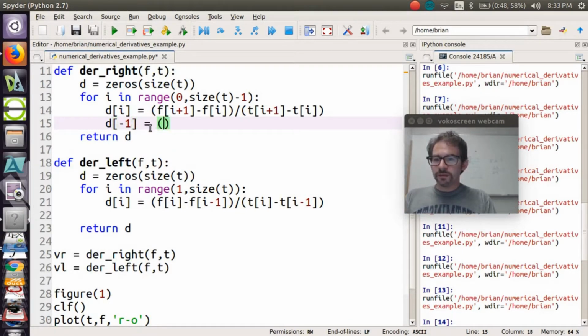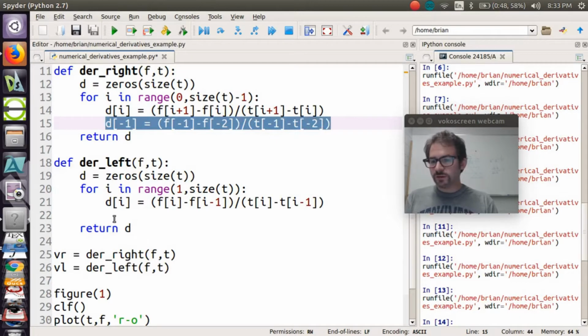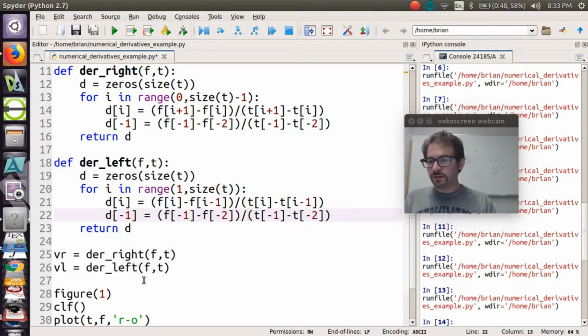That's going to be some ratio of f and t. I know it's going to be f of -1 minus f of -2, and the same exact thing for t. And we have a similar substitution of the opposite formula in the left point.